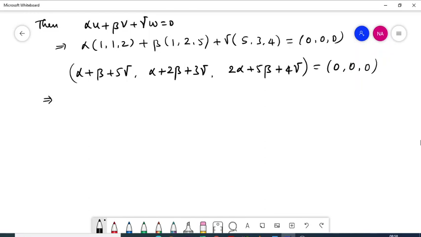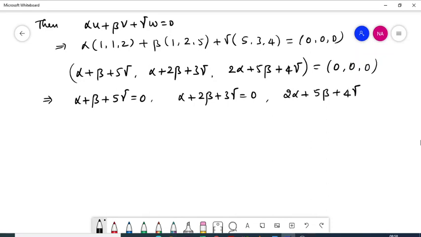Which gives you alpha plus beta plus 5 gamma equal to 0, alpha plus 2 beta plus 3 gamma equal to 0, 2 alpha plus 5 beta plus 4 gamma equal to 0. Now again you need to solve this.